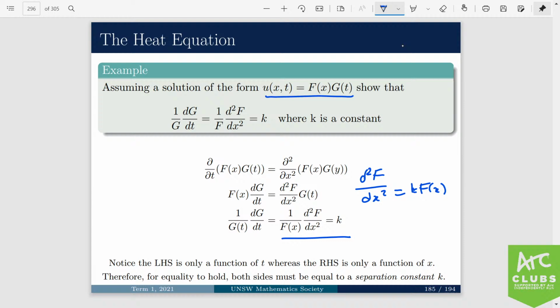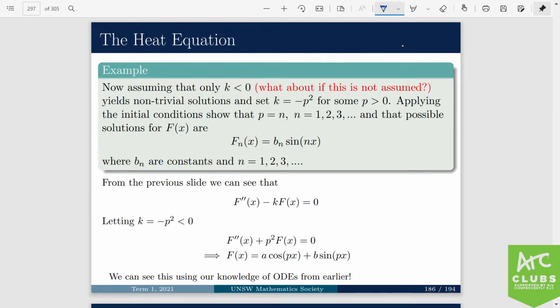Using different notation, we can call this f double dash of x is equal to k f of x. Now moving this over, we can say that f double dash of x minus k f of x is equal to 0. Sorry if that's a bit messy, but hopefully the point has got across that if we rearrange this, because we proved this is true, then this must also be true. And that's what's written here.